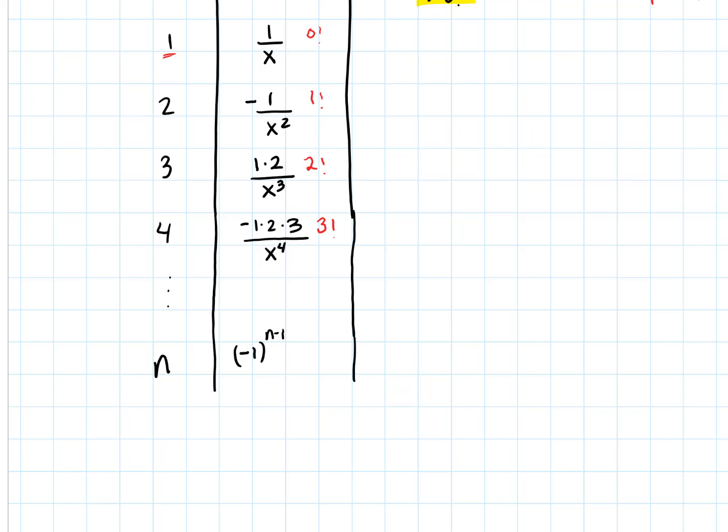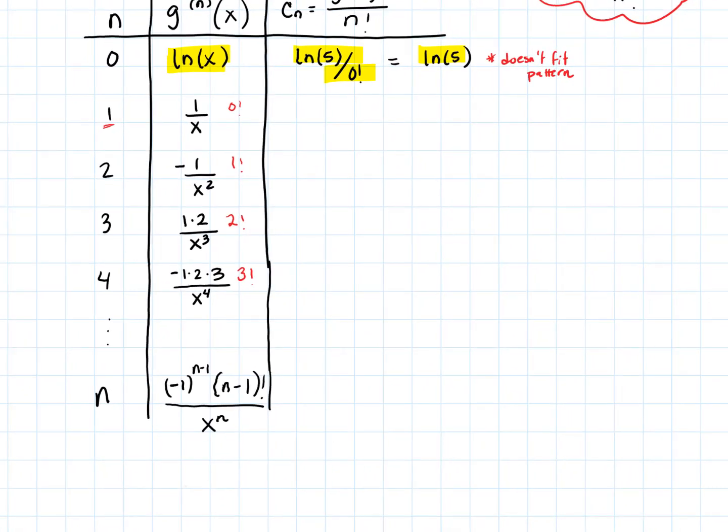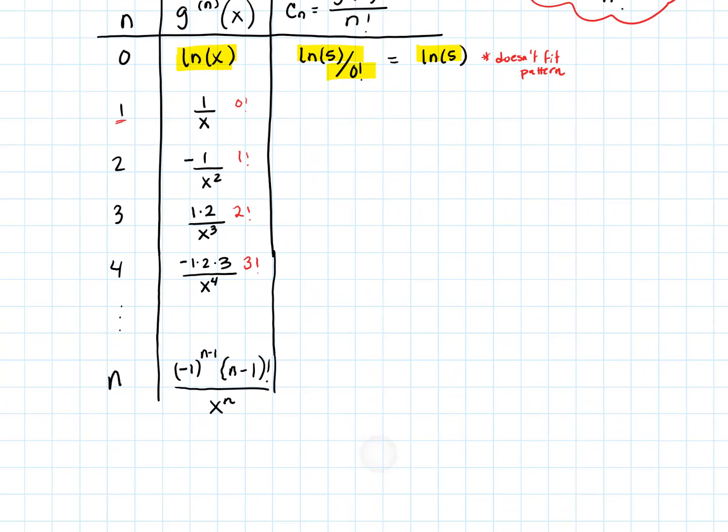We were on the first term, second term, third term. So we can write that as n minus 1 factorial. And then, of course, in the bottom, we have x to the nth. So we have generated a pattern for the nth derivative. And this pattern is true when n is greater than or equal to 1. So we'll address that when we get over to the coefficients.